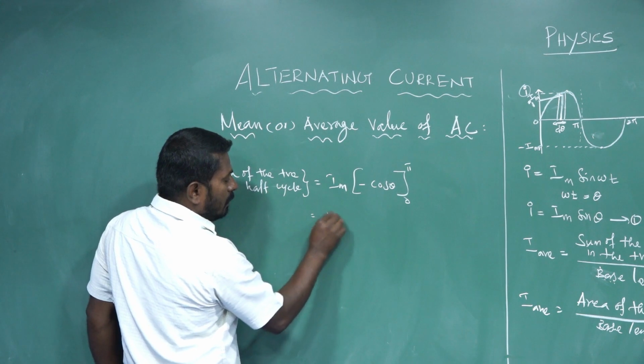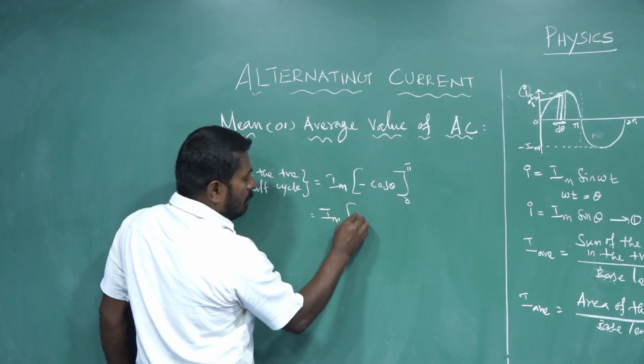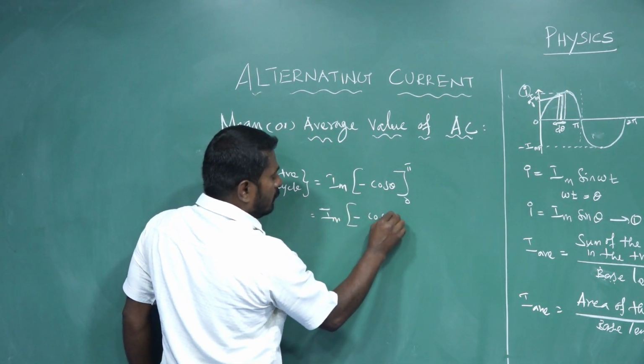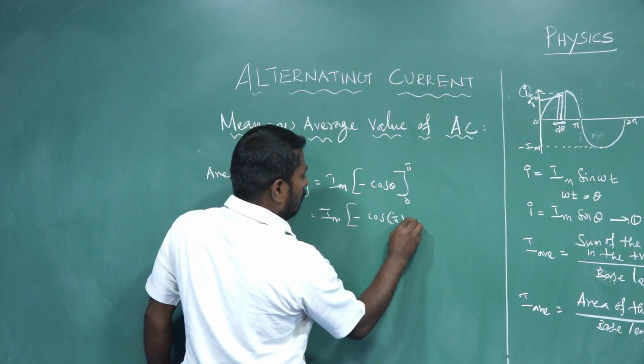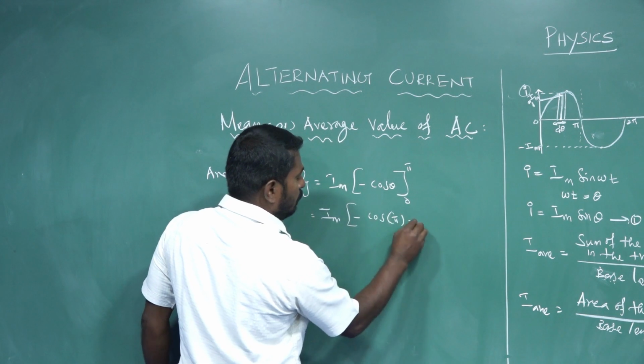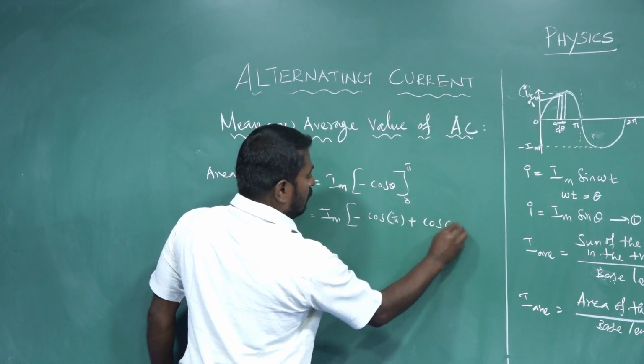Apply the limit: Im times minus cos pi, minus of minus cos 0. So Im times minus cos 180 degrees plus cos 0.